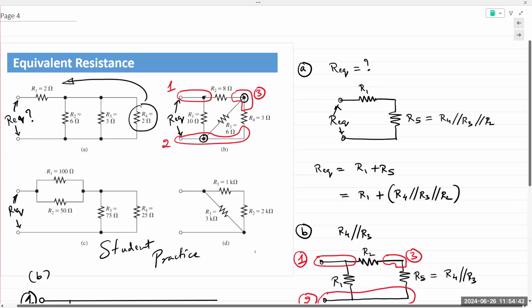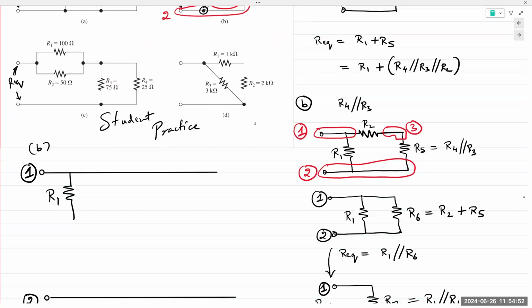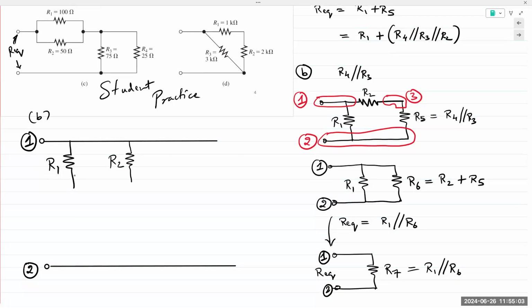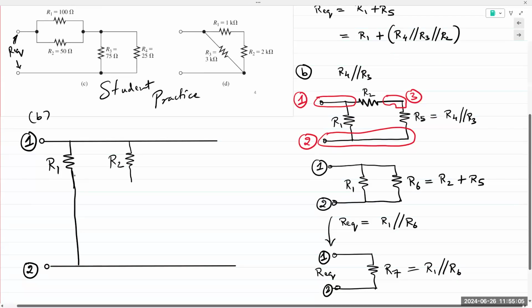What else is connected to terminal number 1? R2. So I'm going to draw out R2. I'm going to space it a little further apart than R1. Now the goal, as I stated, is to get to terminal number 2. R1 is connected between 1 and 2, so I can simply drop a straight line to terminal number 2.